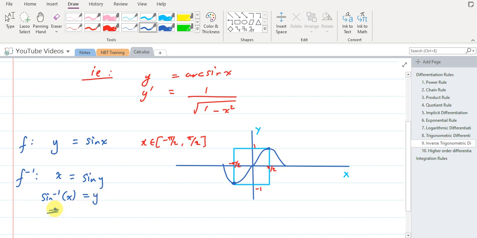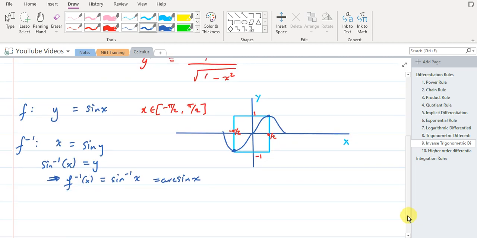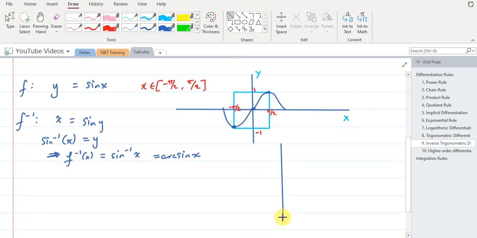This implies the f inverse function is sine inverse x, which is the same thing as arc sine x. We get the points 0, 0 and pi by 2, 1, so we can switch these coordinates around. Since we are dealing with an inverse function, what does the arc sine x graph look like?